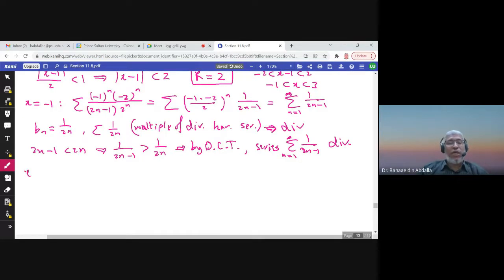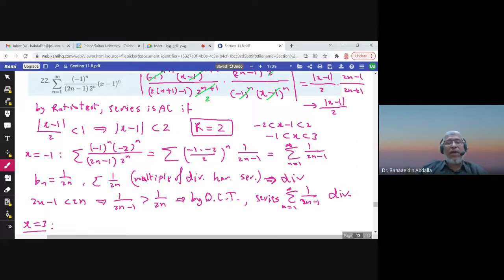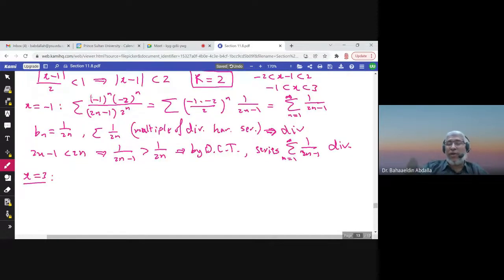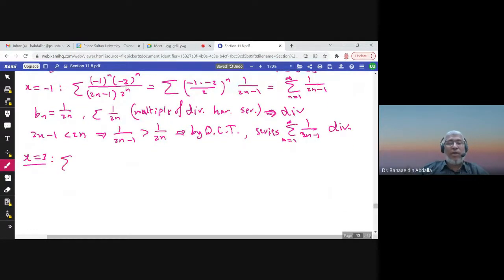Let us consider the case when x is 3. I'll have 3 minus 1, 2 to the power n. It will be cancelled with 2 to the power n, and I will have negative 1 to the power n over 2n minus 1.